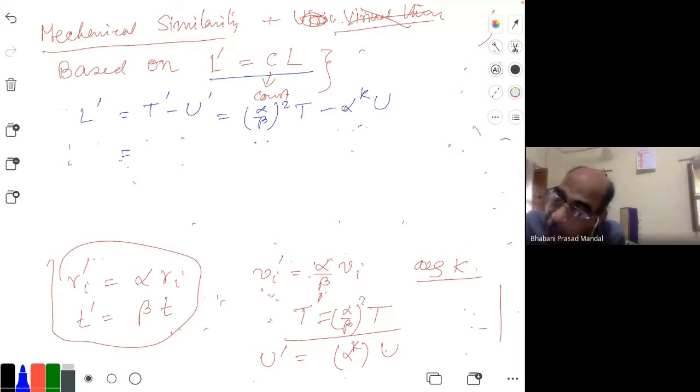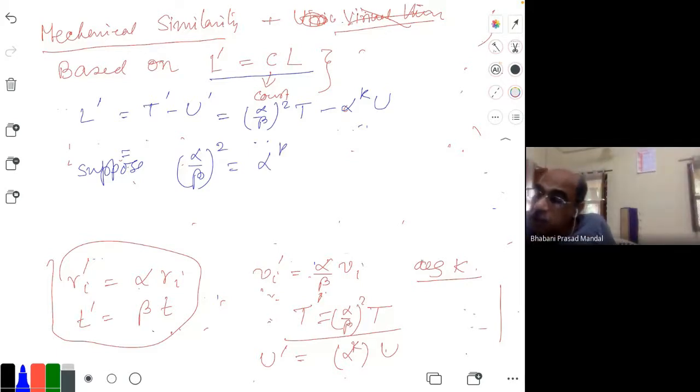But suppose alpha and beta are two unknown parameters, and I choose my beta in such a way that alpha by beta whole square equals alpha to the power k.